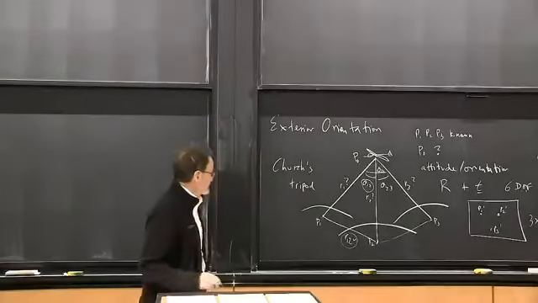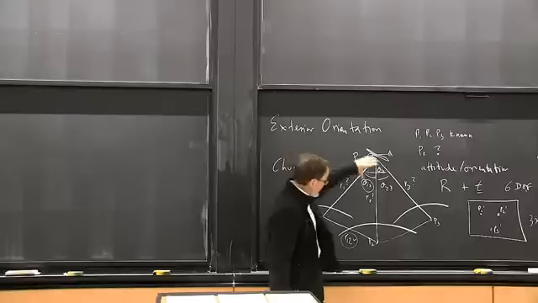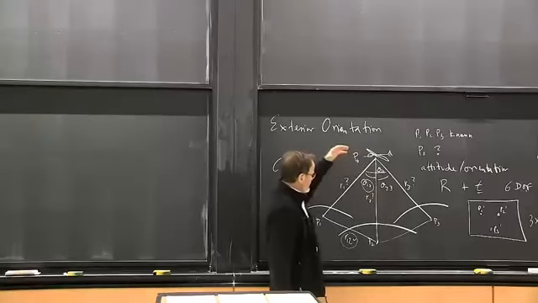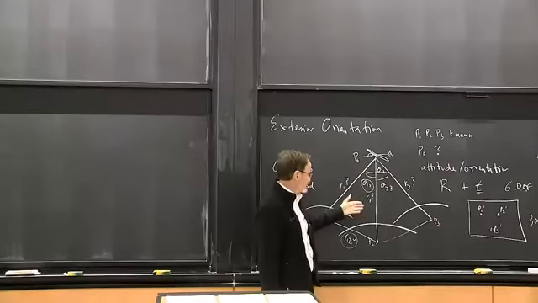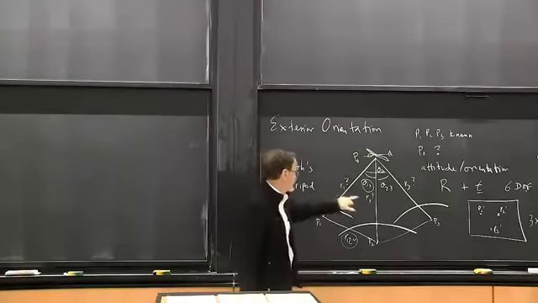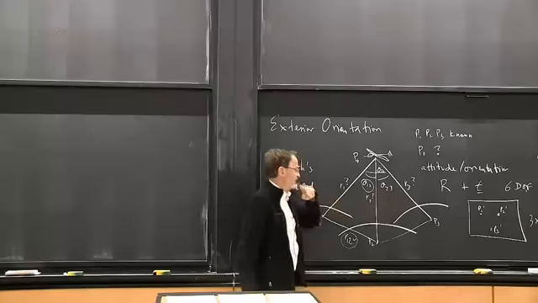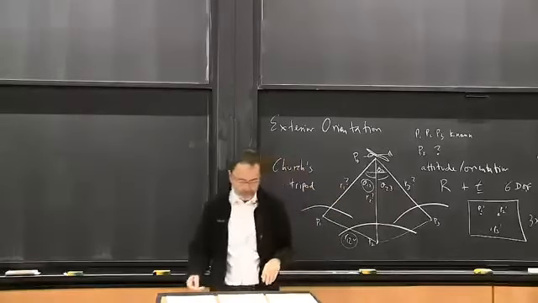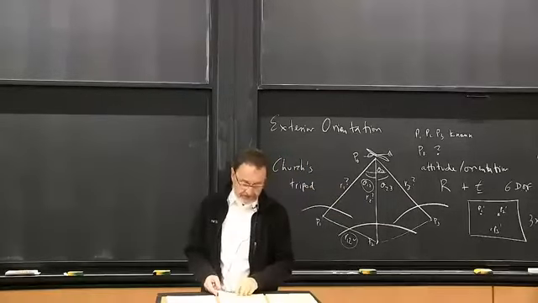So the result is going to be that we have three of these triangles. We get one equation out of each of them. So we're going to have three nonlinear equations in the three unknowns, R1, R2, R3. And then we can talk about solving.